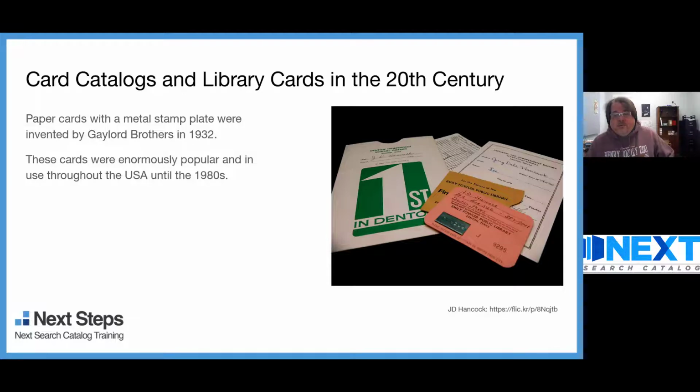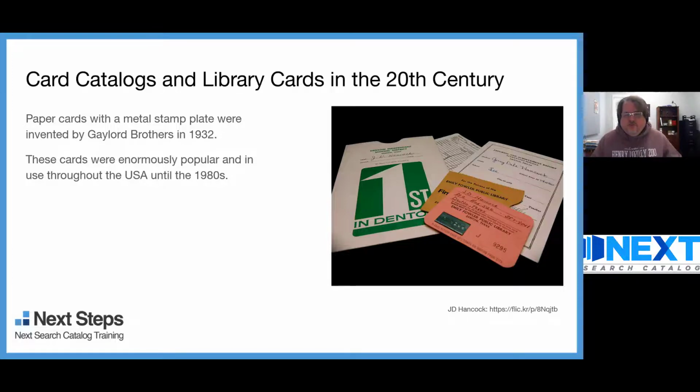But unlike a ledger, what a library card means is that the borrower information has to be kept separate from the circulation information, because all you're doing is stamping a card number into the card pocket from the book. And so you need to have paper stored somewhere else that has the borrower information that goes with that card number in it.